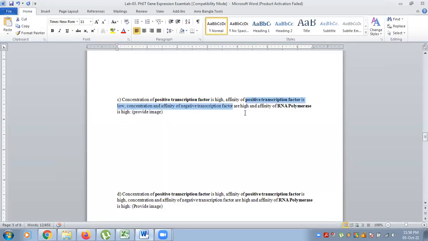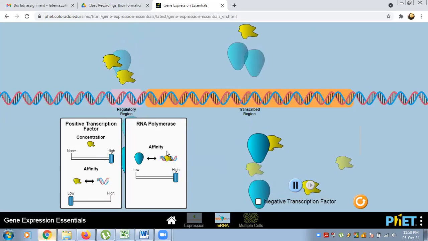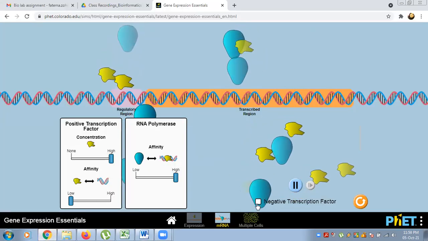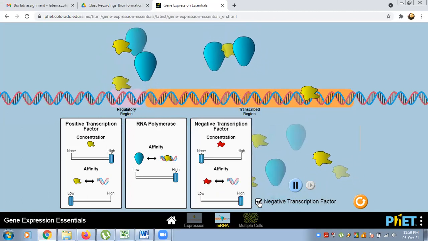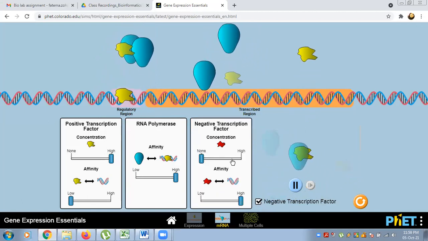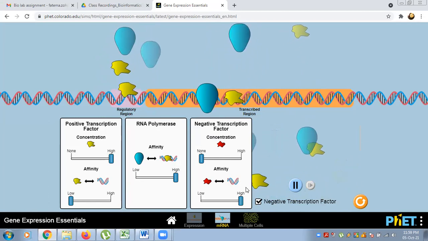Then transcription factors, the concentration and affinity of negative transcription factor are high, and affinity of RNA polymerase is high. So negative transcription factor is here. I'm clicking on this. So an extra bar is here.